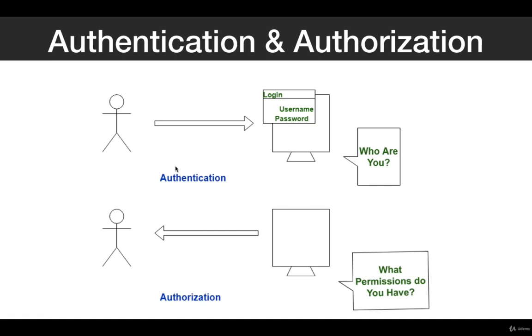This authentication can be done with the help of different things, like you can go to the UI where you can enter your credentials like username, password, or you can send some unique identifier like access token, unique federation ID, or your API key, or anything which uniquely identifies that it's you and you are the authentic person to access the platform. This is very simple to identify the authentication.